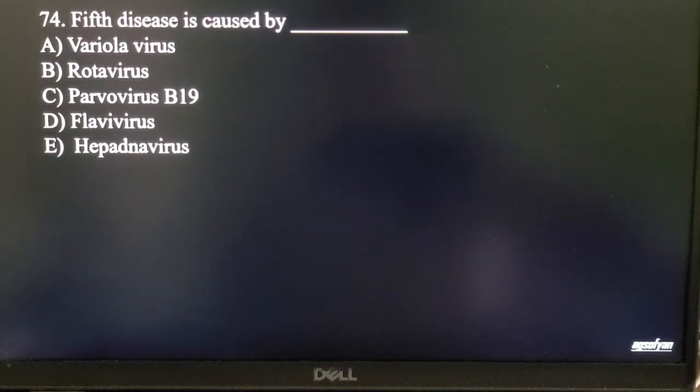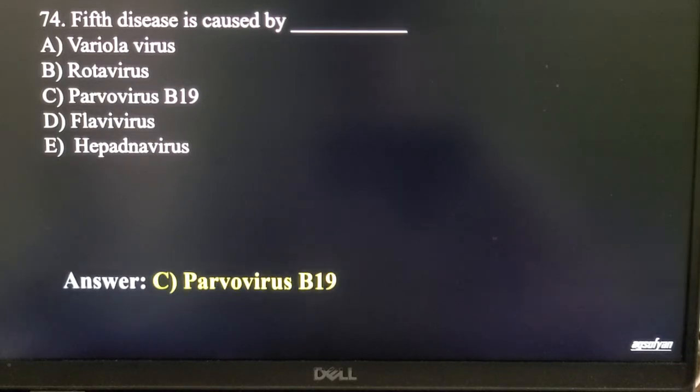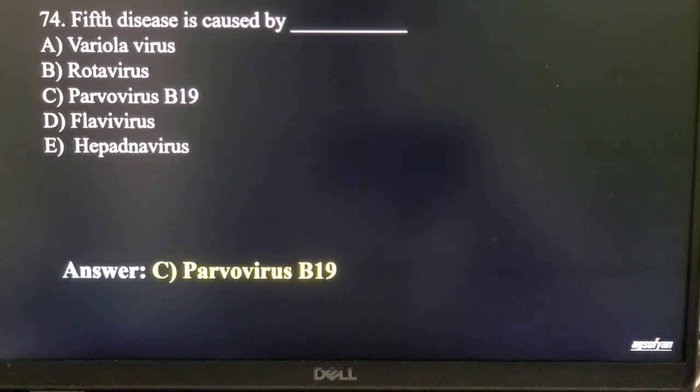Number 74. Fifth disease is caused by variovirus, rotaviruses, parvovirus B19, flaviviruses, or hepatitis viruses. Choose your answer. Yes, we already mentioned this, which is parvovirus causing fifth disease or slap disease.